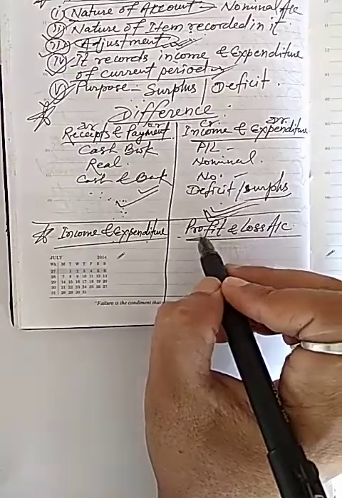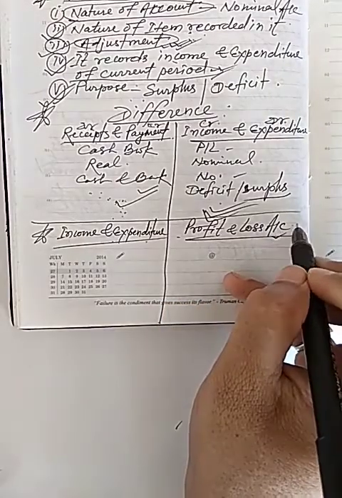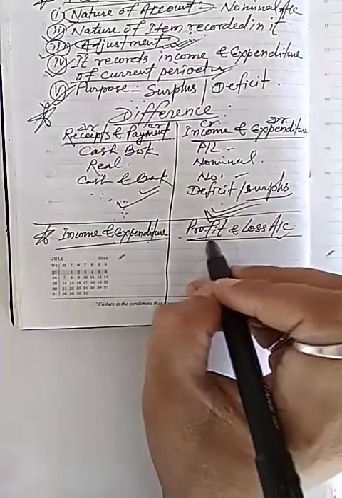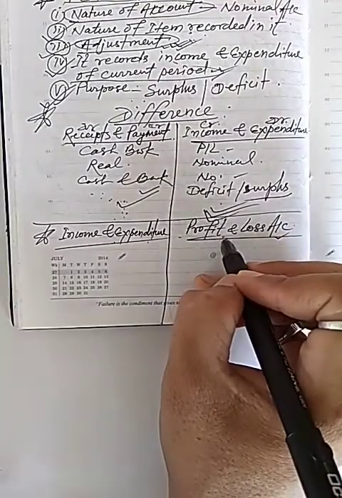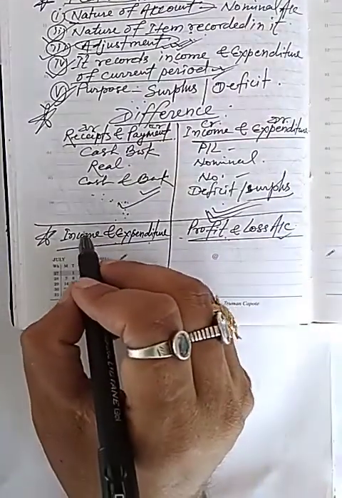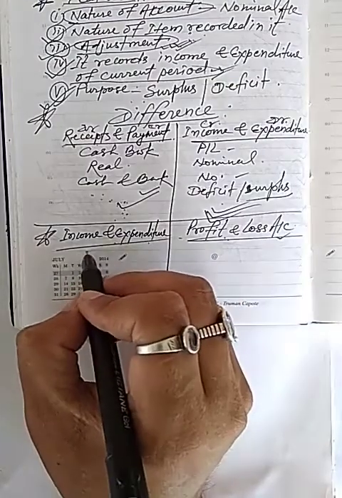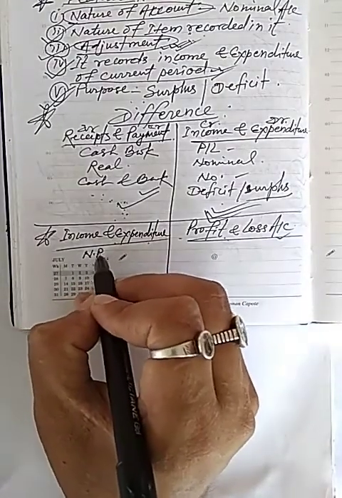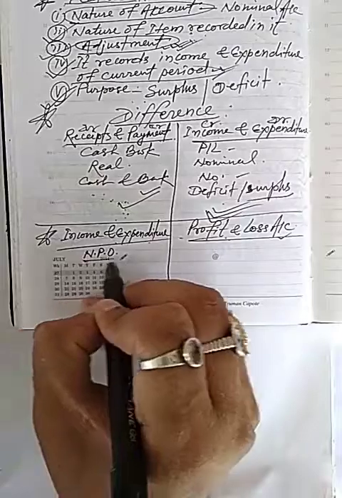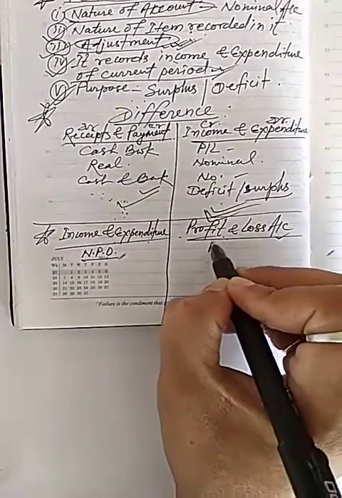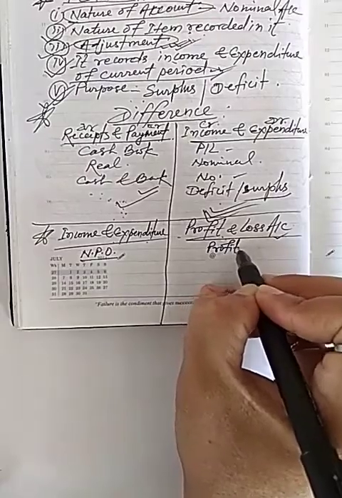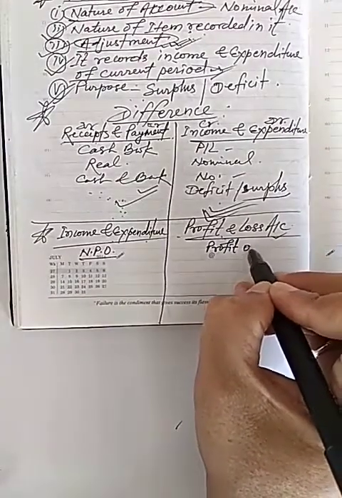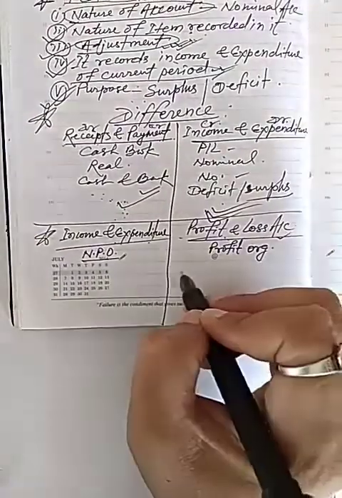But the main objective of profit and loss account is to ascertain net profit and net loss. Income and expenditure account is prepared by not-for-profit organizations, but profit and loss account is prepared by profit organizations.